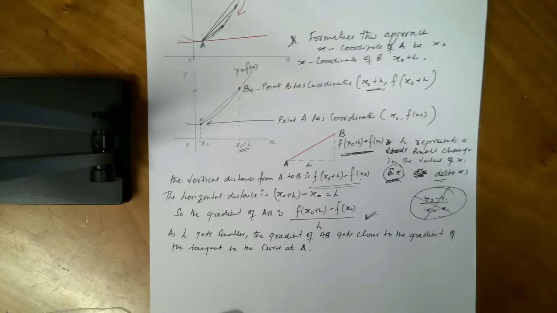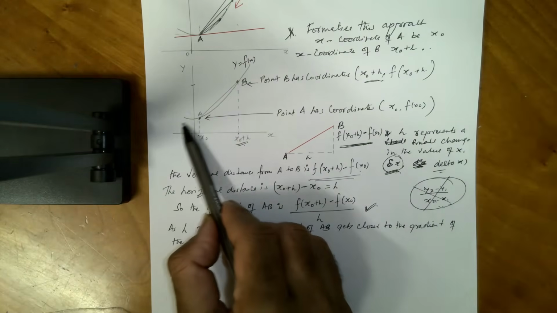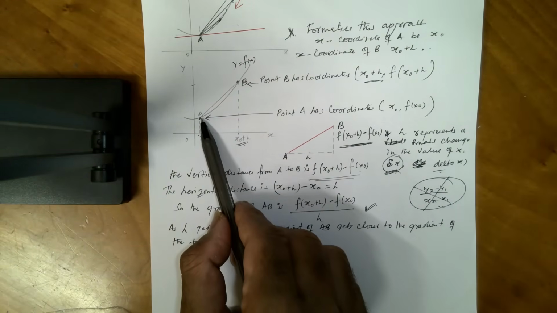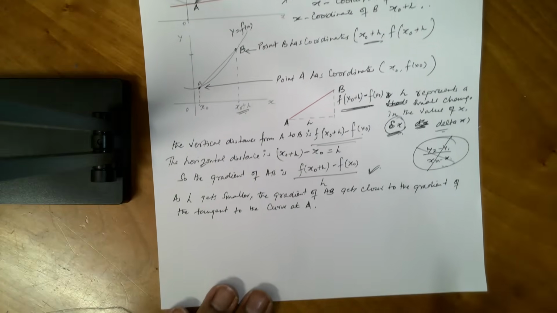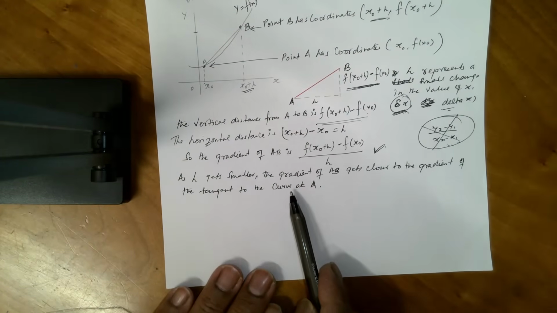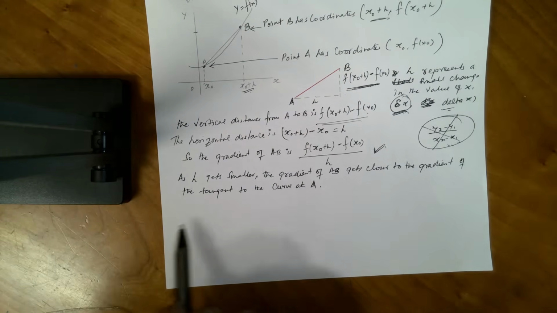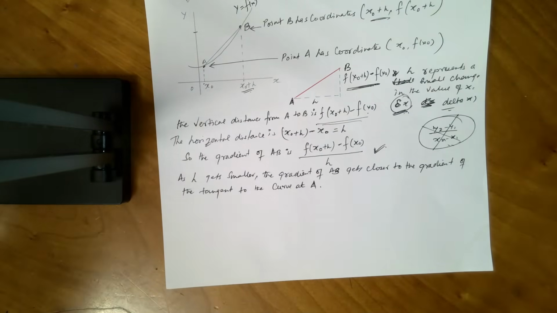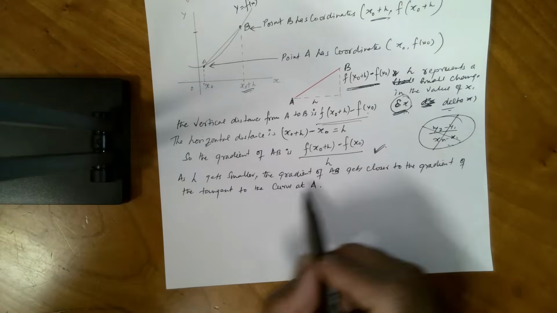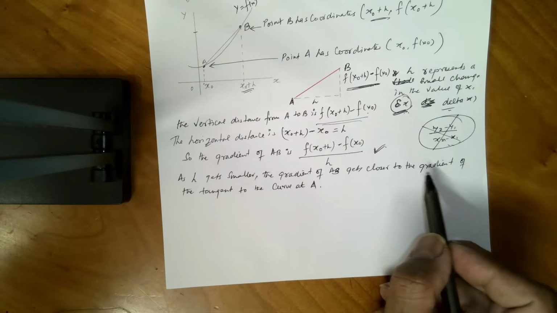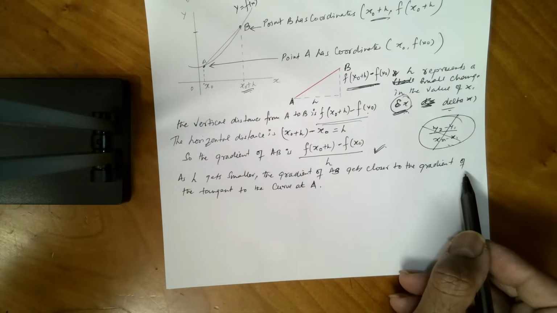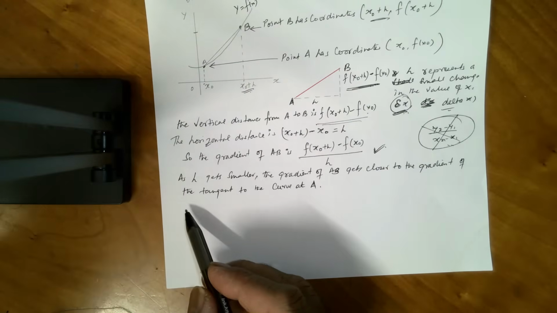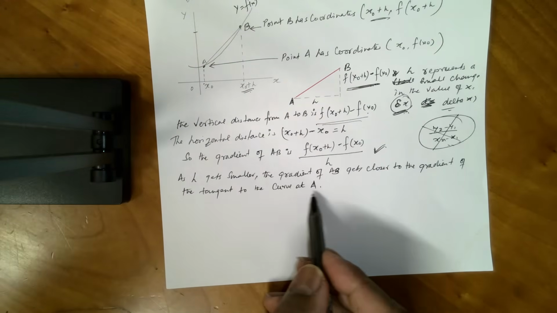Presume that you have a tangent, doesn't matter which way, as long as it's touching A. So as h gets smaller, the gradient of AB gets closer to the gradient of the tangent to the curve at A.